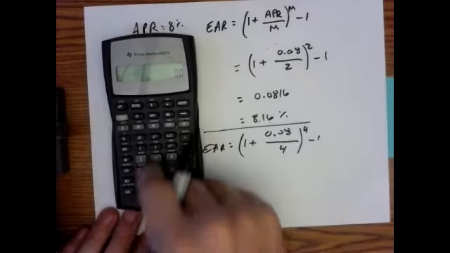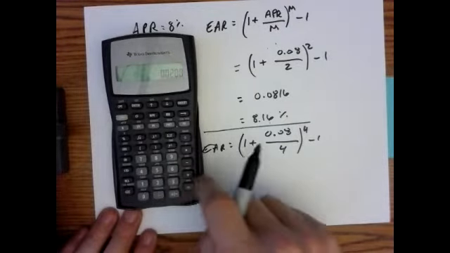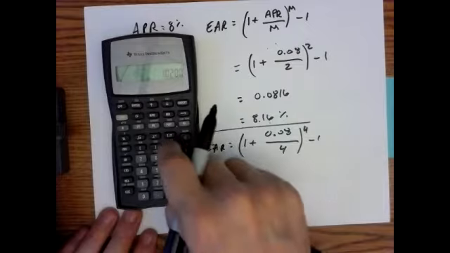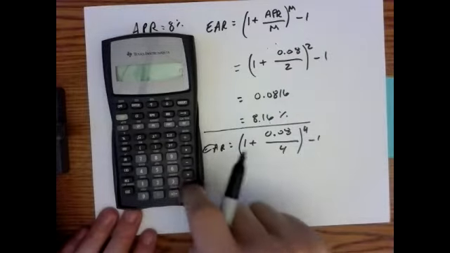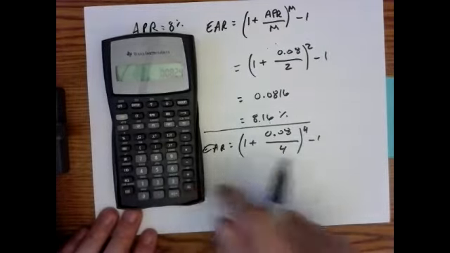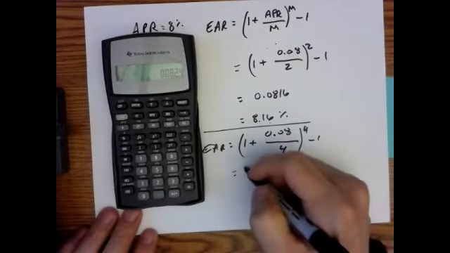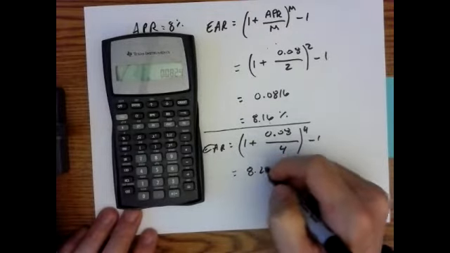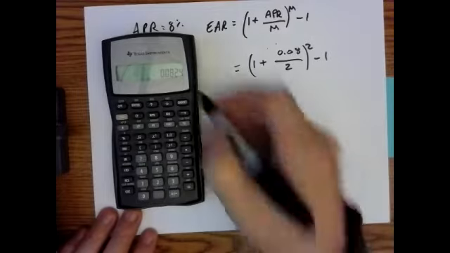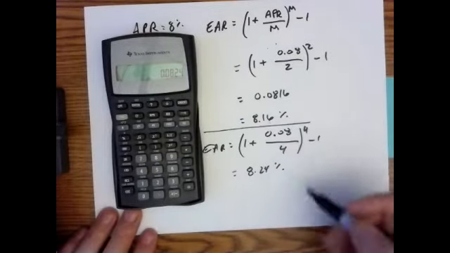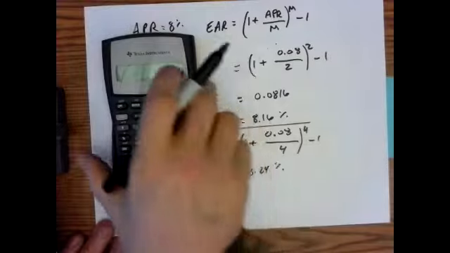So that's 0.08 divided by 4 plus 1, raised to the 4th power, minus 1, which gets us an EAR of 8.24%, or 0.0824. I'm just quickly converting it to 8.24%.